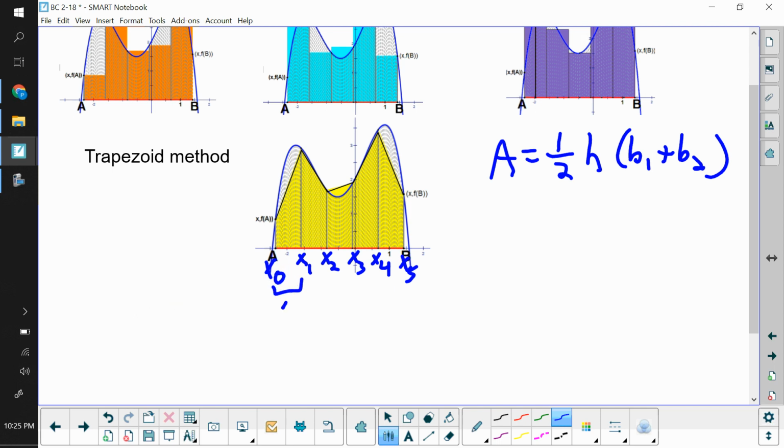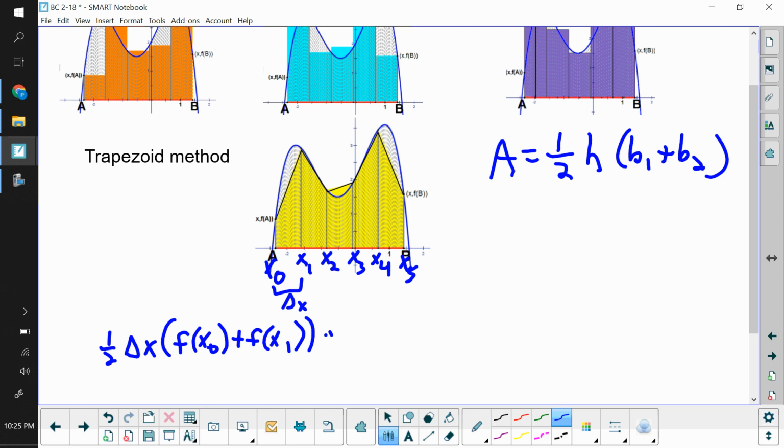Keep in mind each of these is delta x. We would have 1/2 delta x times, in parentheses, f of x0 plus f of x1. And that would be the area of the first trapezoid.